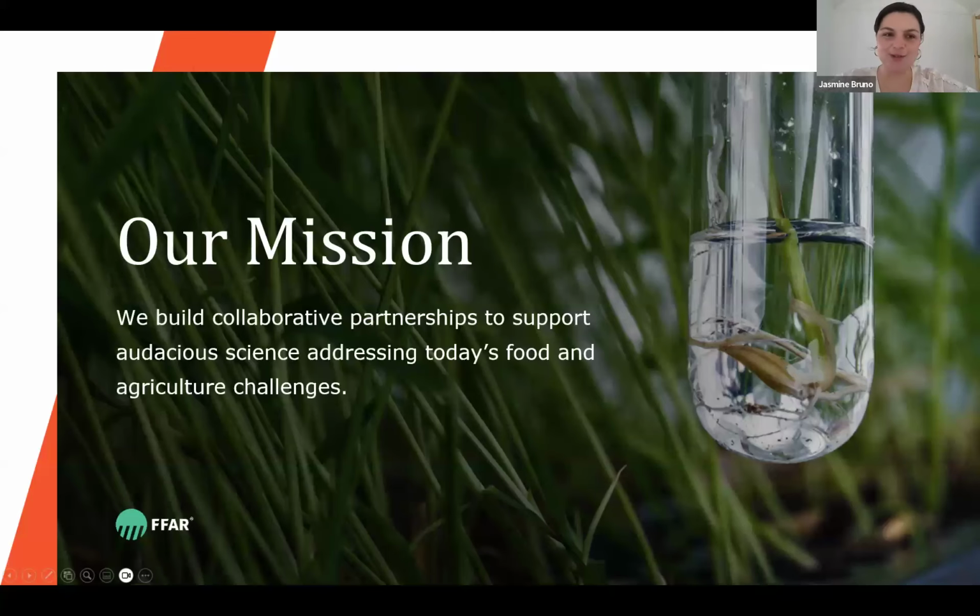Great. And our mission, so how we do that, we're aiming to build collaborative partnerships, typically public-private partnerships that really support the research that is needed to address the most complex and critical challenges that are facing today's food and agriculture.